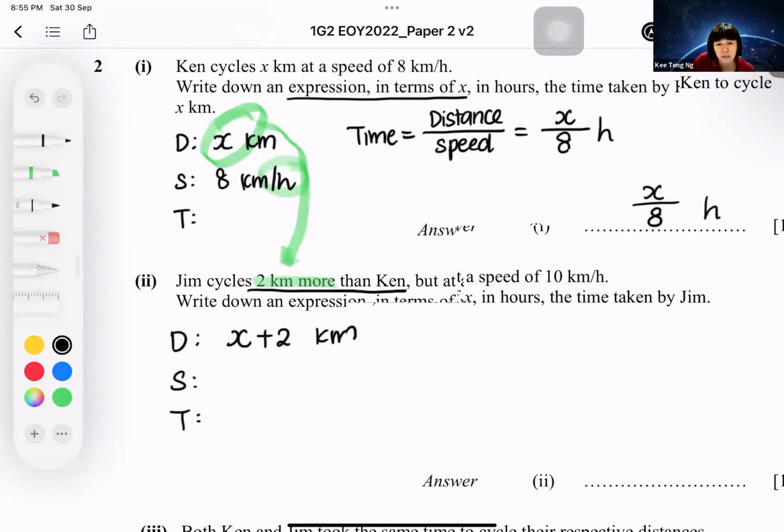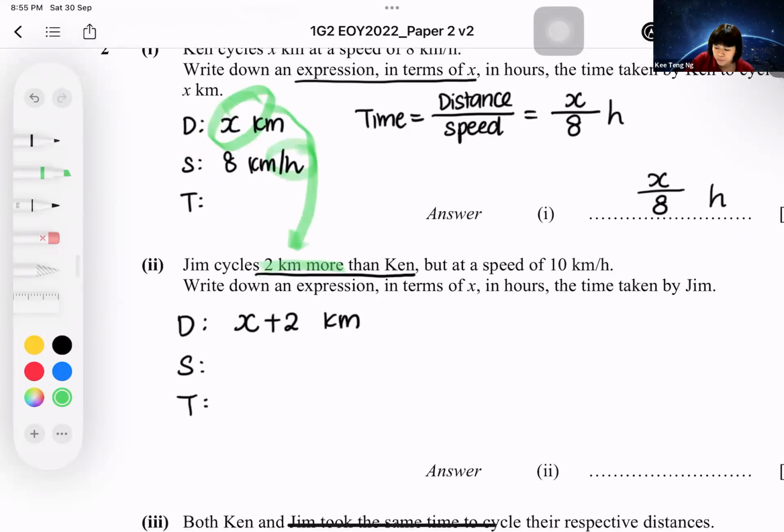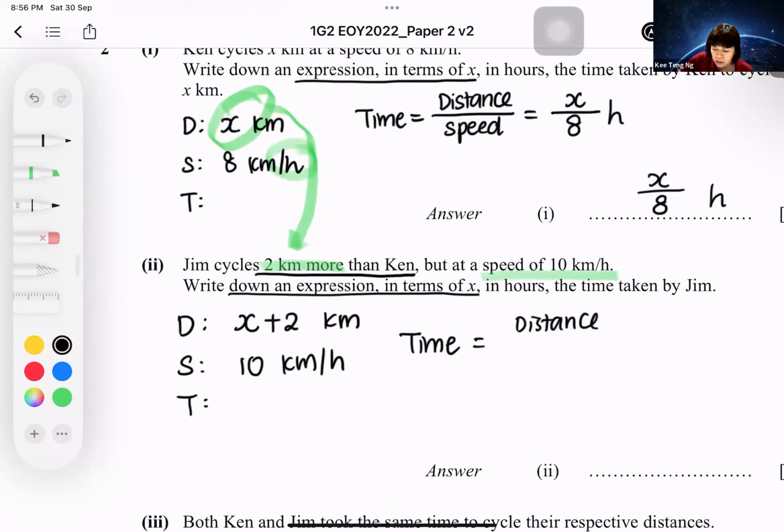But then what is the speed given to me? The speed is 10 kilometers per hour. And write down an expression in terms of X for the time taken by Jim. So time taken is distance divided by speed.